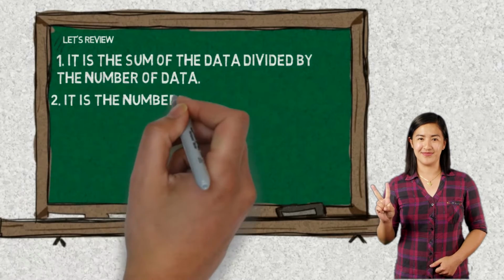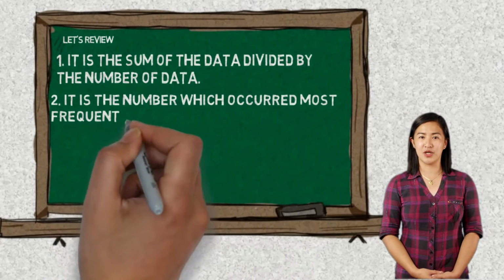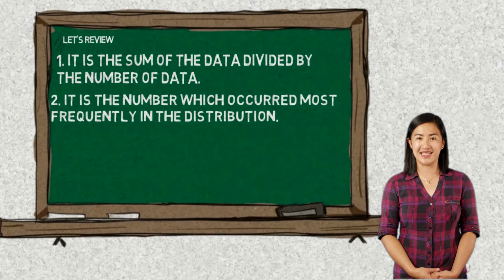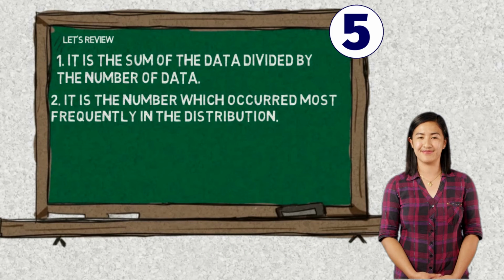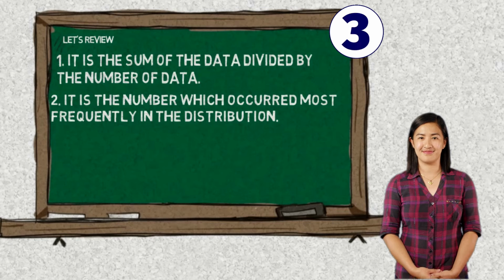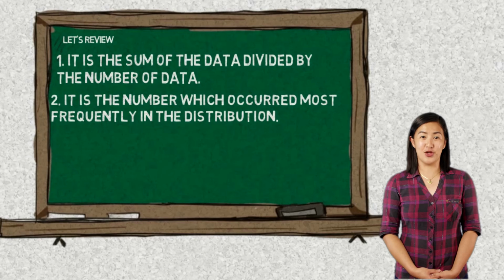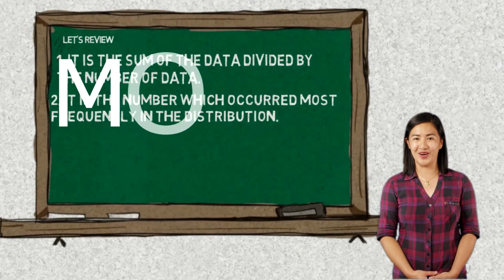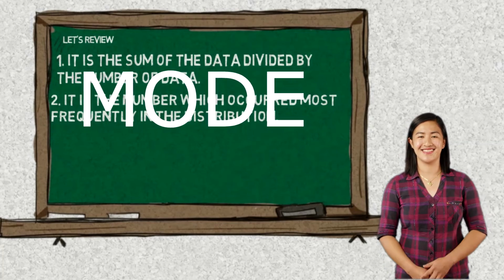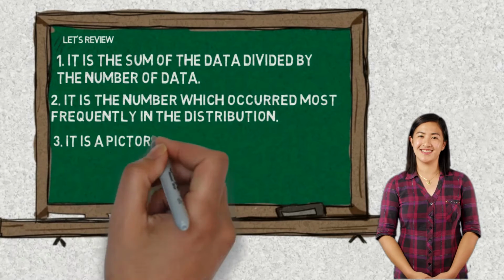Second question. It is the number which occurred most frequently in the distribution. If your answer is mode, you are right. Third question.